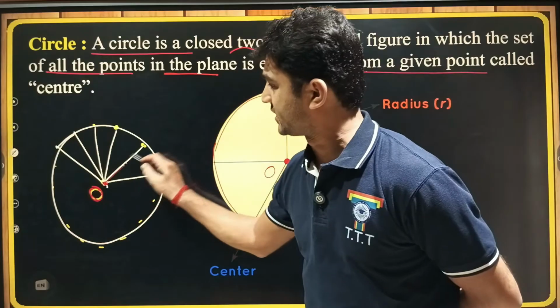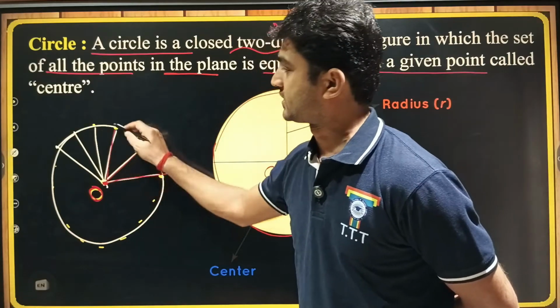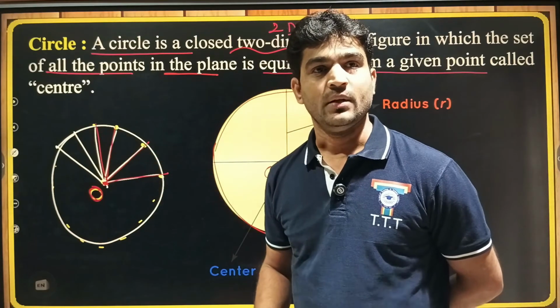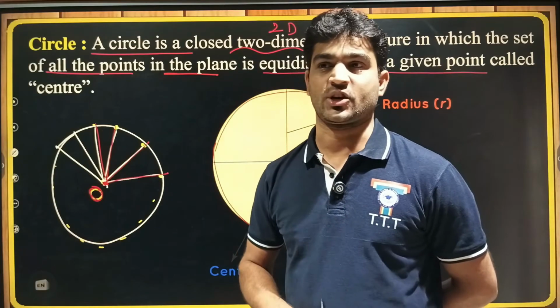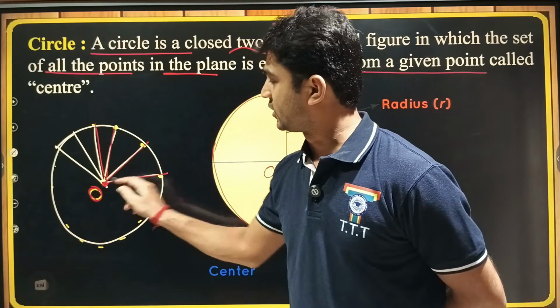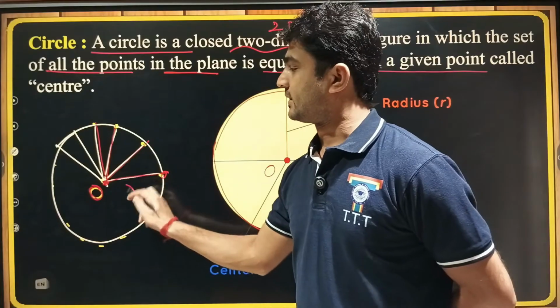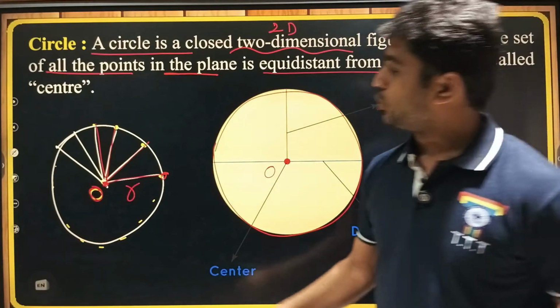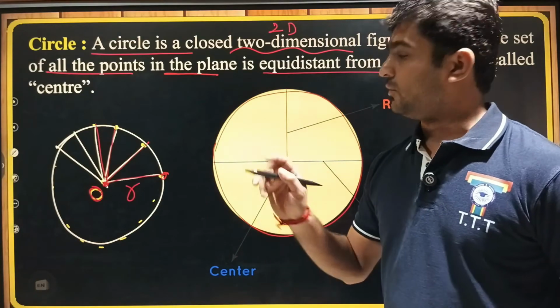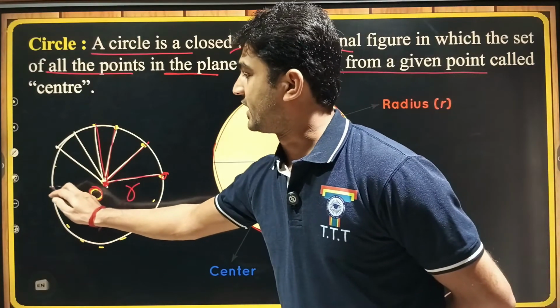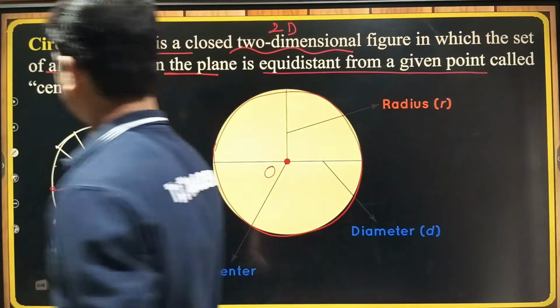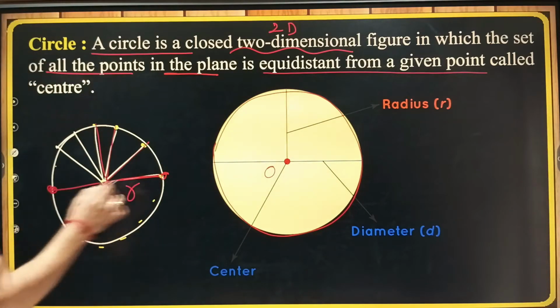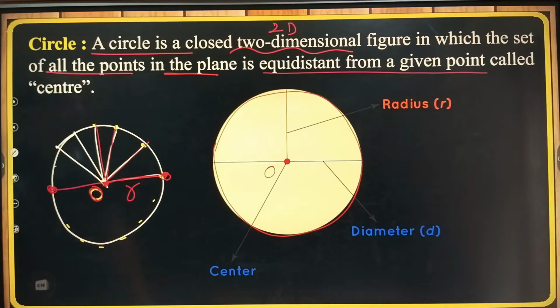And if the points are equidistant from the center, that distance I can say is the radius of a circle. Here, from this center to the outermost point, that we are going to call the radius. Or else, two outermost points of the circle which pass through the center, from here to here, the whole thing we can consider as a diameter. From this point to this point we can consider as a diameter.